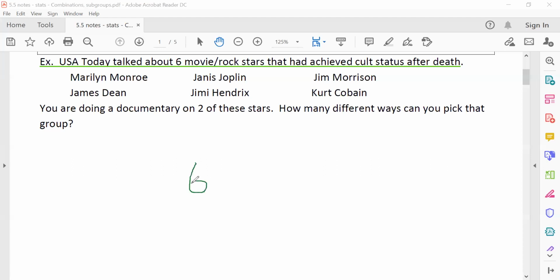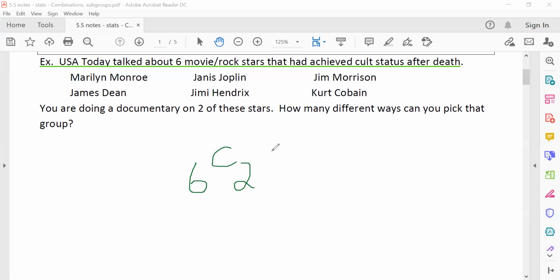It's going to be 6 combination 2. And we haven't put the calculation on here, but your calculator can handle that. In fact, if you've figured out where the permutation is on your calculator, then you've also figured out where the combination is, because in almost every calculator, they're going to be right next to each other because they're such similarly linked ideas. So we need a combination of 6 objects taken 2 at a time.